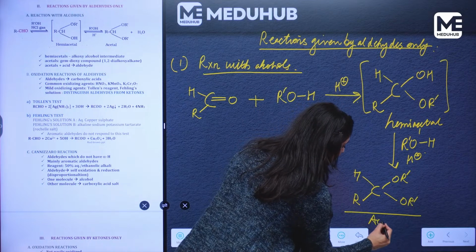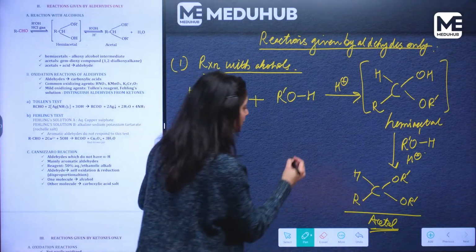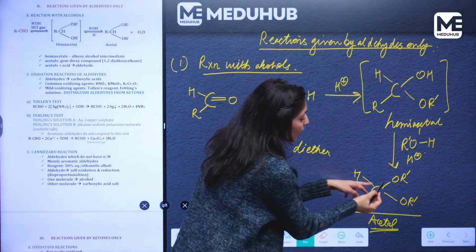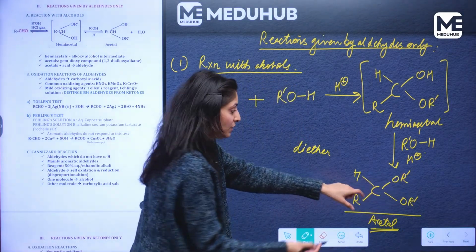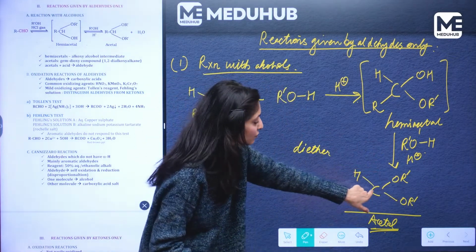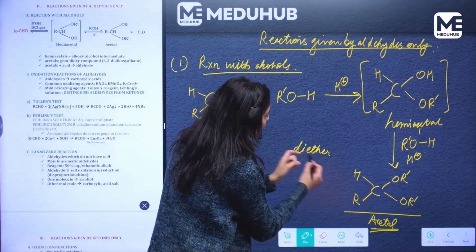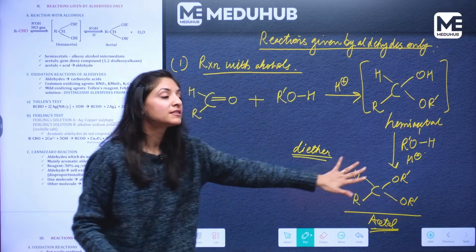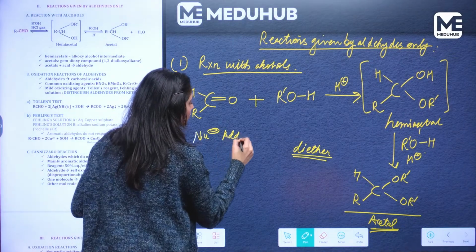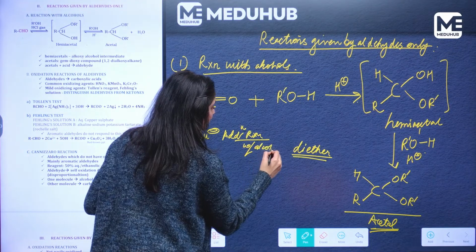This is an acetal. So basically acetals are diether compounds of the unstable 1,1-dihydroxy alcohols. So instead of OR, if you imagine OH, the hydroxyl group is attached to the same carbon. So these are geminal dihydroxy compounds. These are diethers of those compounds. This is the nucleophilic addition reaction of aldehydes with alcohol.